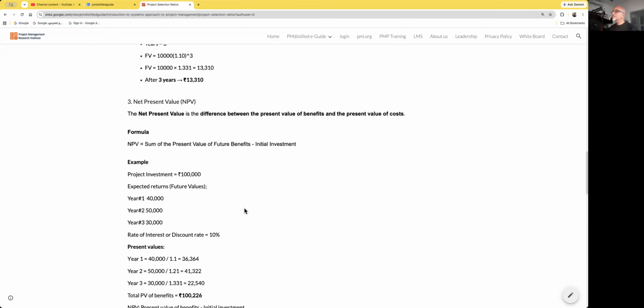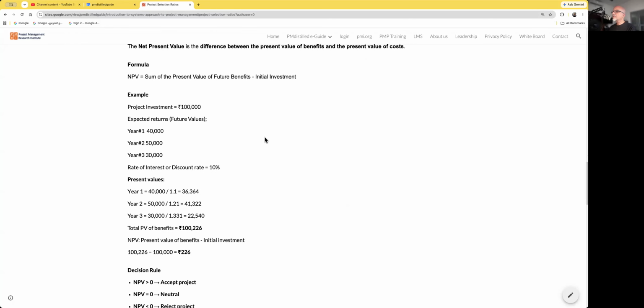Net present value is the difference between the present value of benefits and the present value of costs. NPV is the sum of the present value of future benefits minus the initial investment. So if I'm investing 100,000 in a project, expected returns are year 1 40, year 2 50, year 3 30.